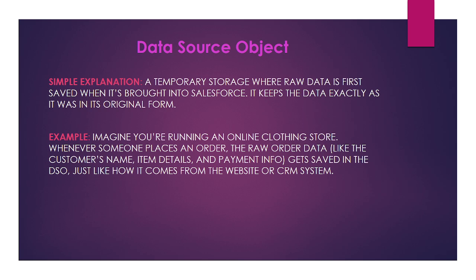That raw data, where we have customer details, customer name, payment info, is saved in DSO in your system. So in simple words, DSO is raw or unstructured data which is saved in your Data Cloud org.